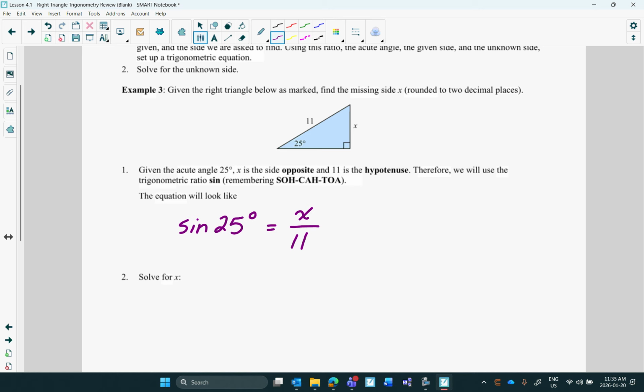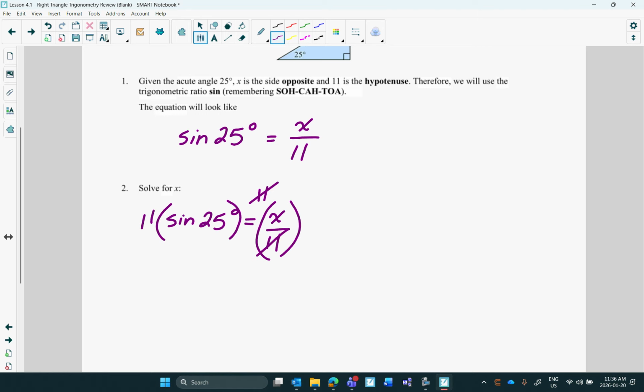We call this a trig equation because it's got a trig ratio in it. It's also called a fraction equation because we have a fraction. And what's the goal of equation solving? Get x by itself. So I'm just going to rewrite this. What do I need to do to get x by itself? Multiply each side by 11, because times 11, divide 11 cancel.